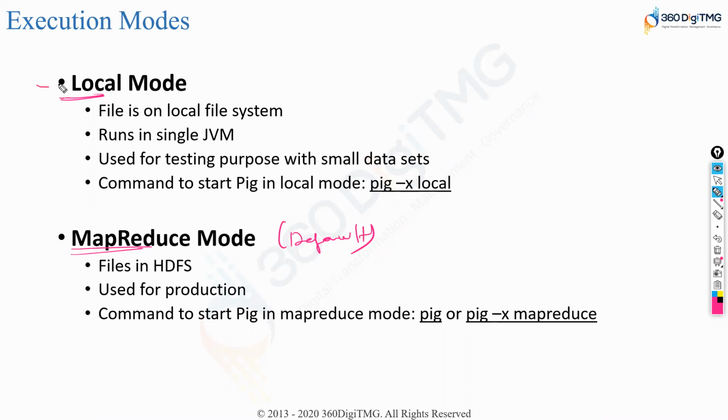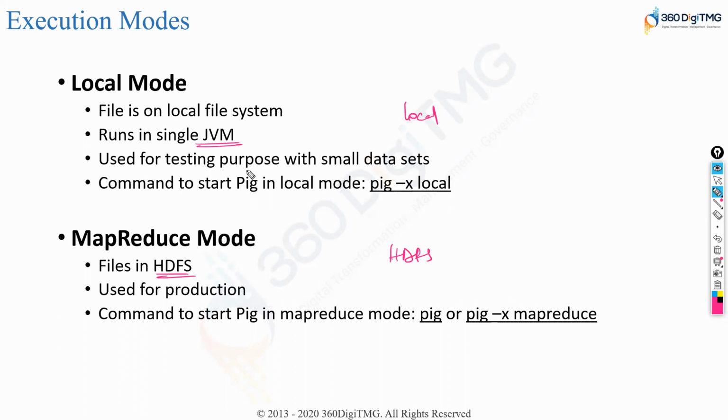The same way, Apache Pig can be executed on data which is in the local file system, or it can be used to execute files which are on HDFS. So the data can be on local or on HDFS. Only data, mind you. Apache Pig uses the JVM for executing the code.